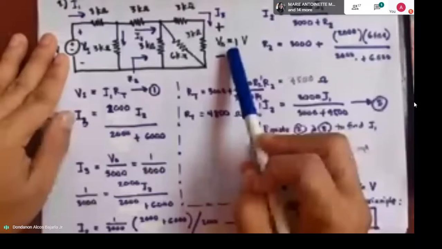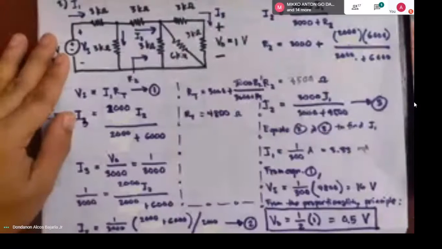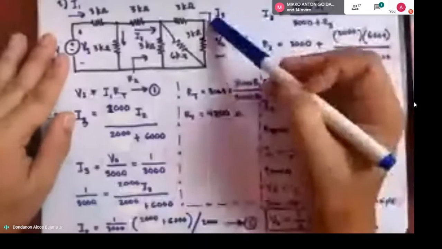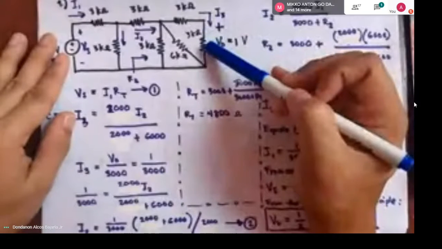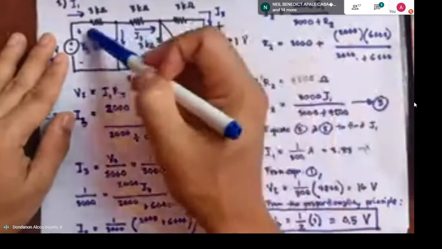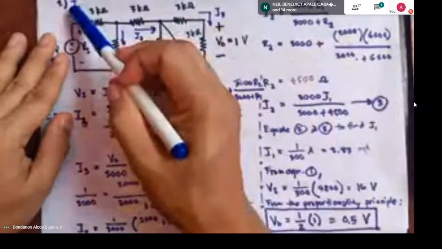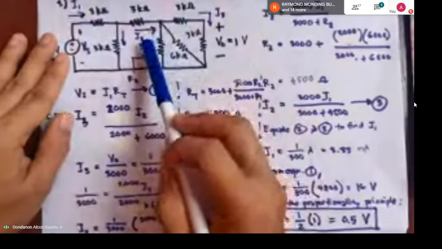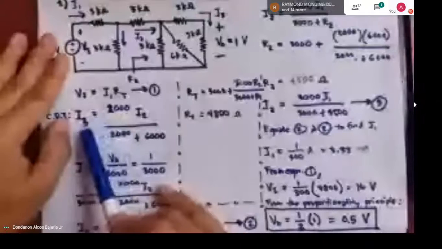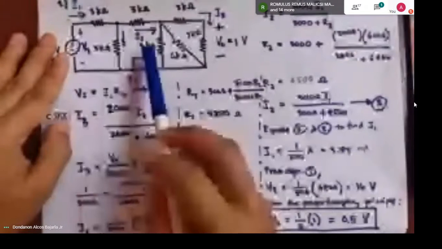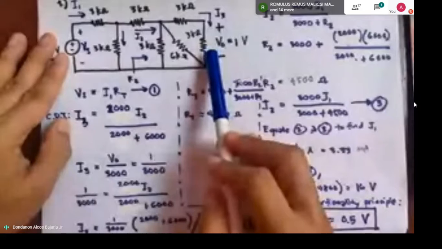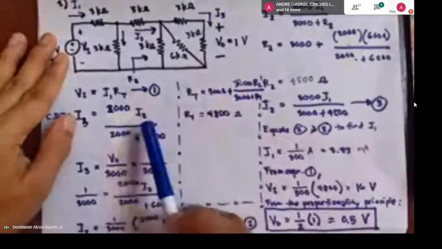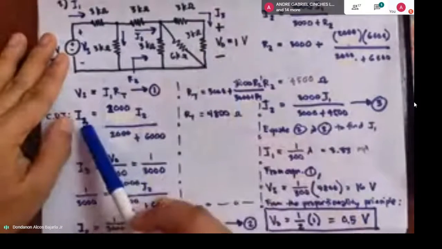By knowing the current flowing through here, we can work our way towards the source to determine I sub 1. Using current division, we have I sub 3 here, which is the current through the output.